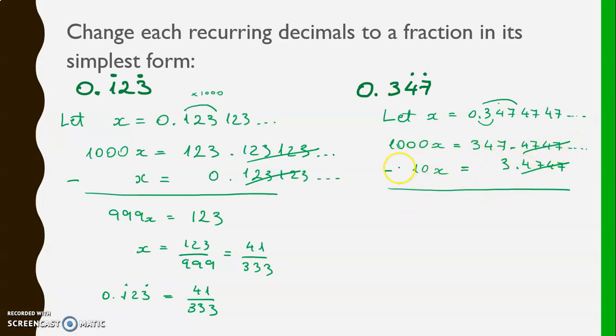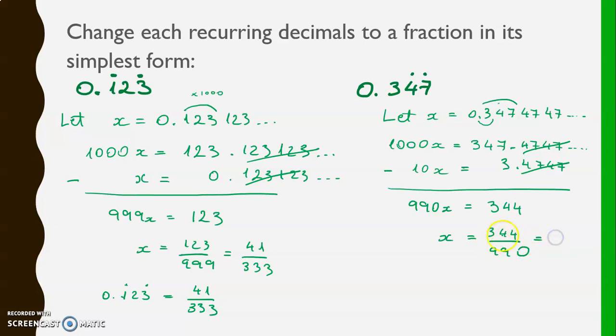We have 1000x minus 10x is 990x equals 347 minus 3, which is 344. So now we rearrange, we make x the subject, 344 over 990.